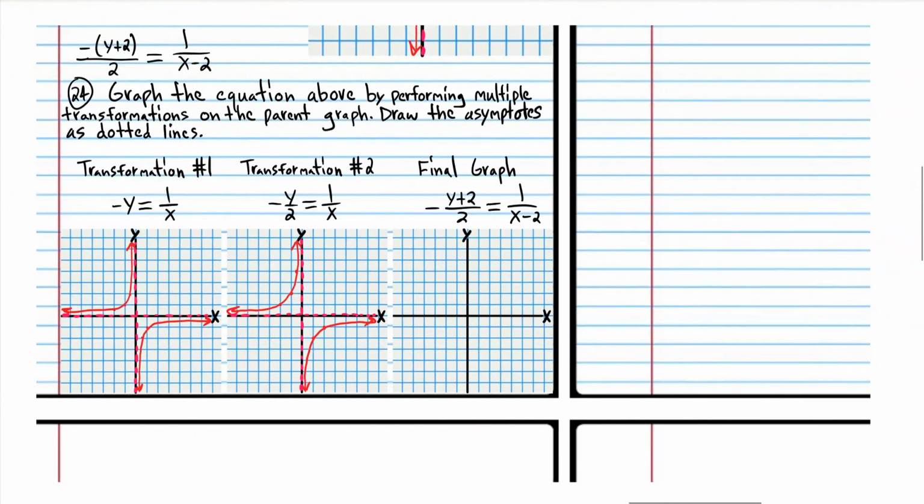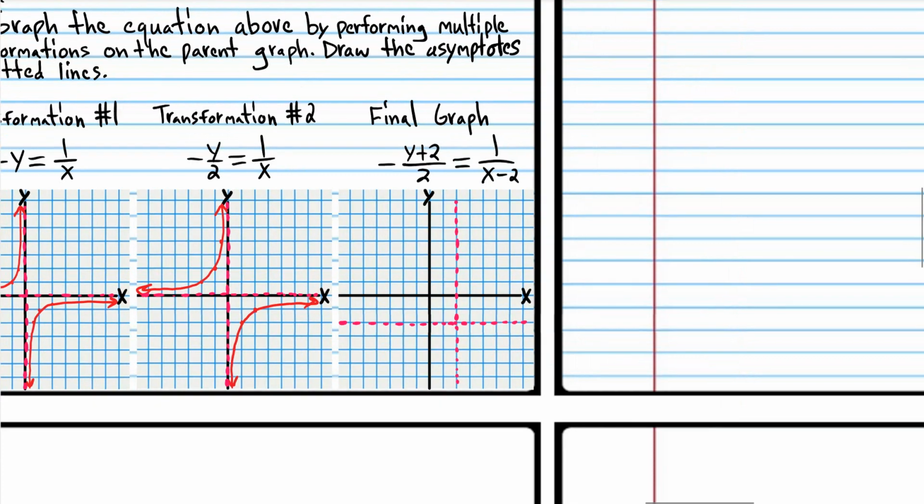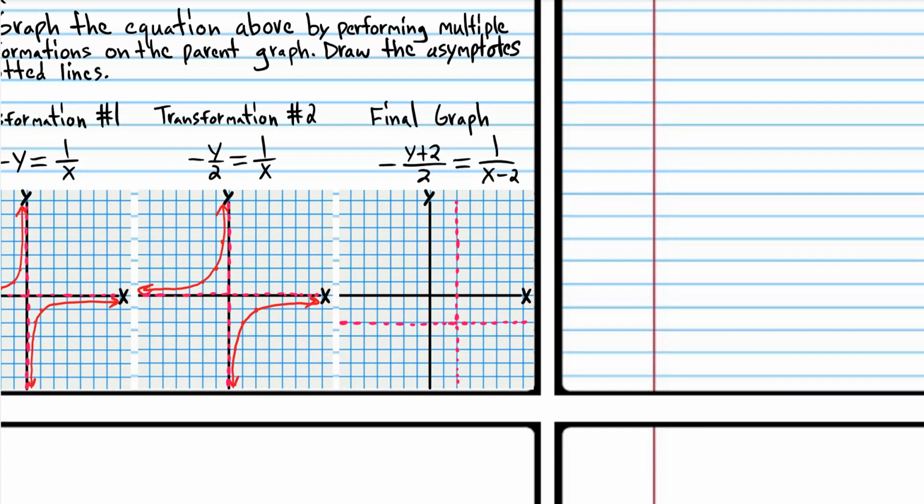So what that means is we're going to move the entire graph 2 units to the left, or actually 2 units to the right and 2 units down. And our points are going to be in the same relative positions.